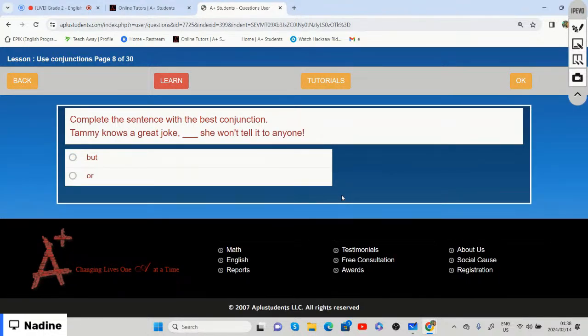Tammy knows a great joke. Do we say, but she won't tell it to anyone? Or do we say, Tammy knows a great joke, or she won't tell it to anyone?